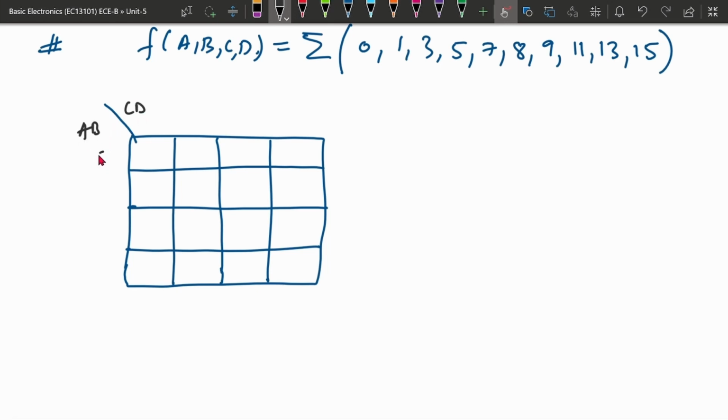So AB and CD are 00, 01, 11, 10 and 00, 01, 11, 10. Now the minterms will be 0, 1, 2, 3, 4, 5, 6, 7, 8, 9, 10, 11, 12, 13, 14, 15.